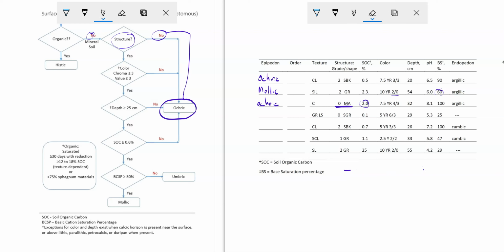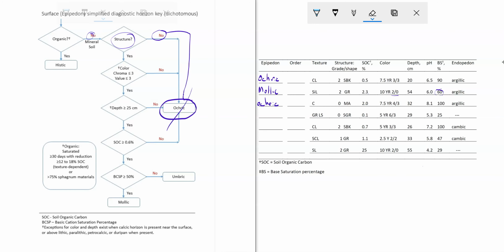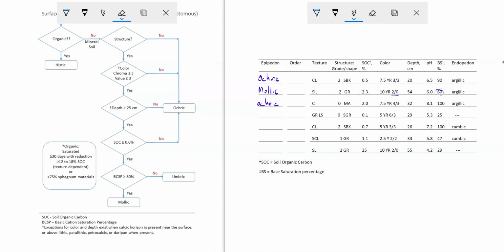But it's a dichotomous key, so at each point we ask a series of questions. And based on the answers to those questions, we go one direction or another, and we're always going toward one of those boxes.